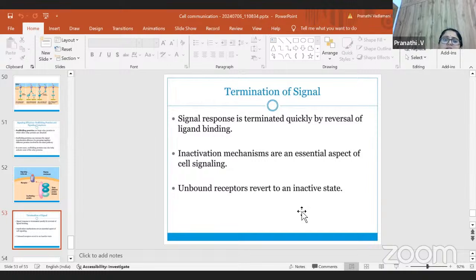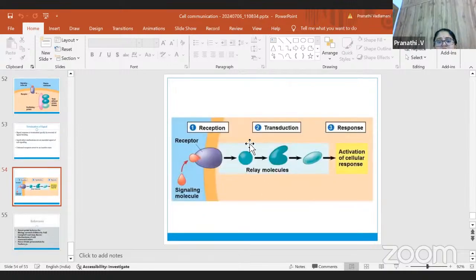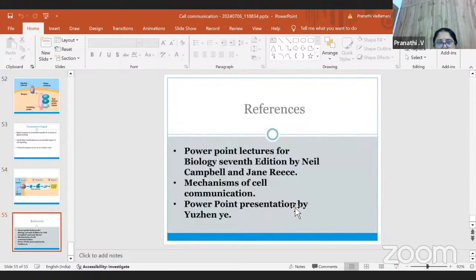Then the previous one, the phosphate donor, automatically becomes inactive. So receptor, relay molecule, and activation of cellular response is what we are looking at.